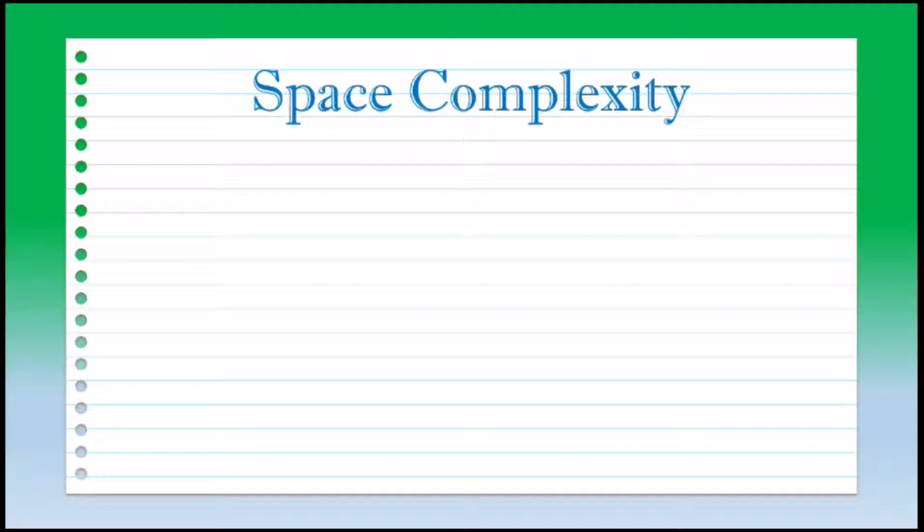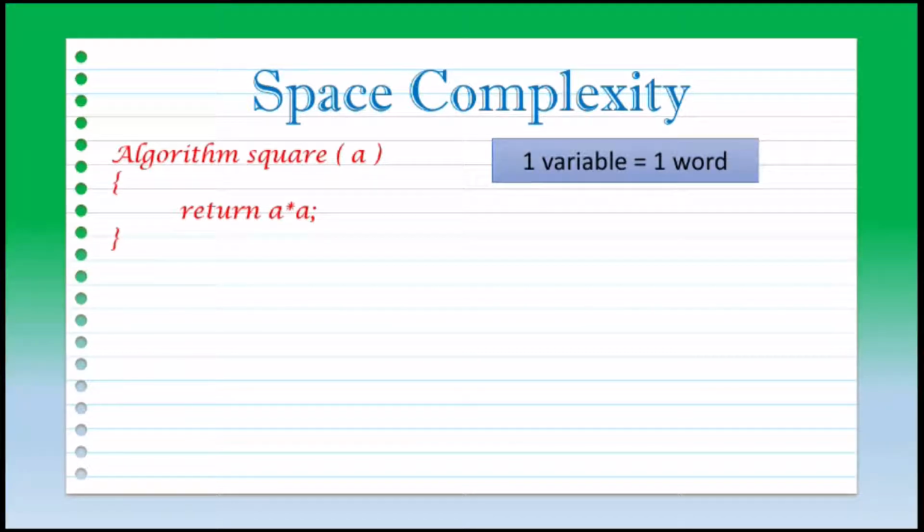Here we are taking one parameter a, and then in the algorithm we are multiplying a with a and returning the value. We can take one word for calculation, that is, for each variable the space required we consider as one word.